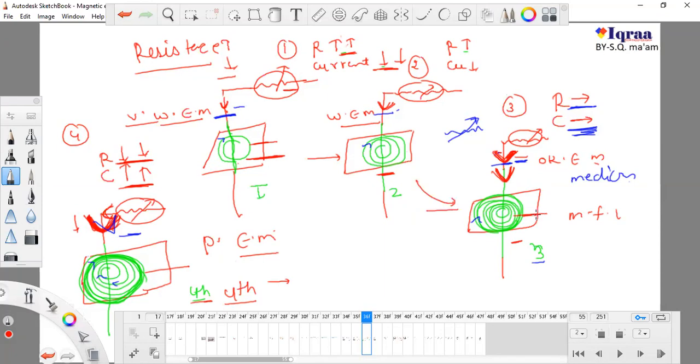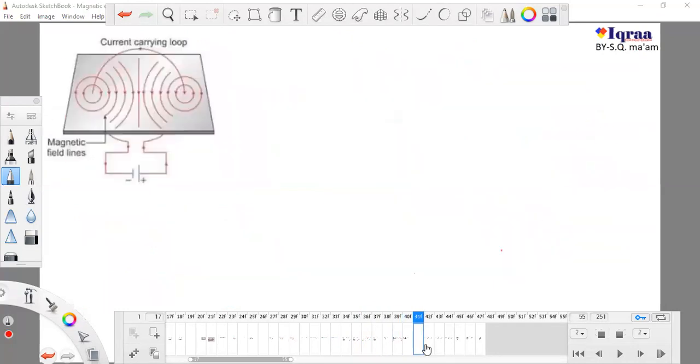And in the fourth case, you can see a huge amount of magnetic field lines. So this is the third case where resistance is medium, current is medium, and the magnetic field lines are also medium. They are not very high. So this is my third case.